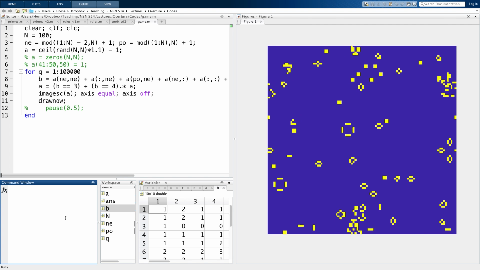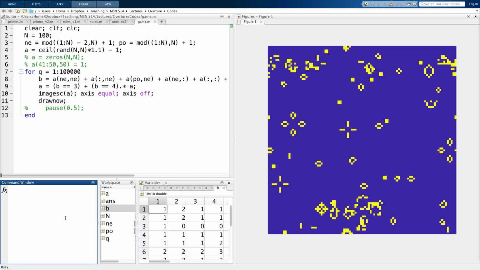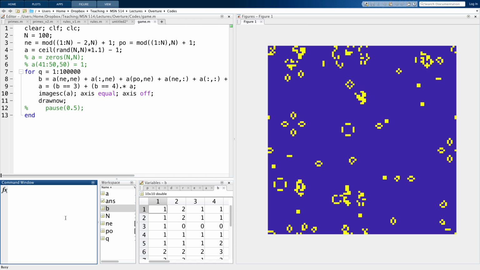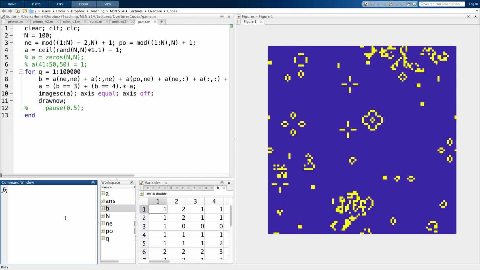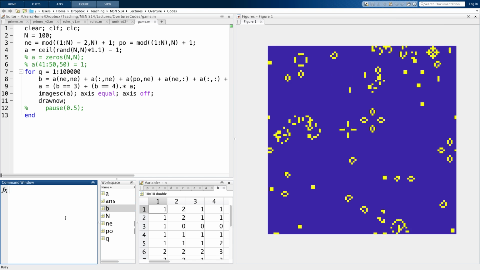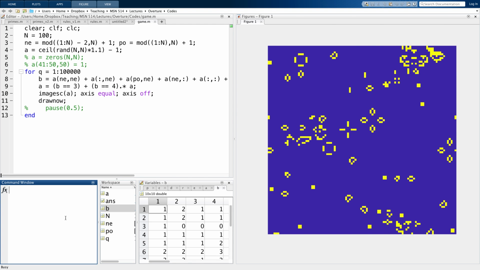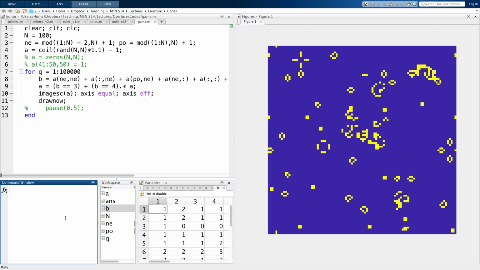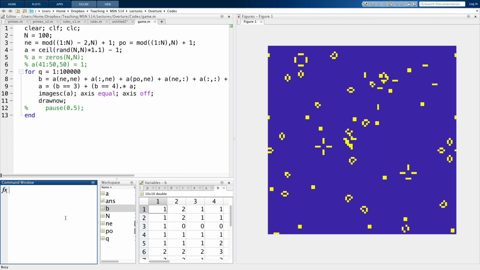Okay, so what do we see here? Why do we call this Game of Life? At this point, maybe you should make some comments. What do you see here? How do you understand this? Anyone? It's like the cycle of life and death.